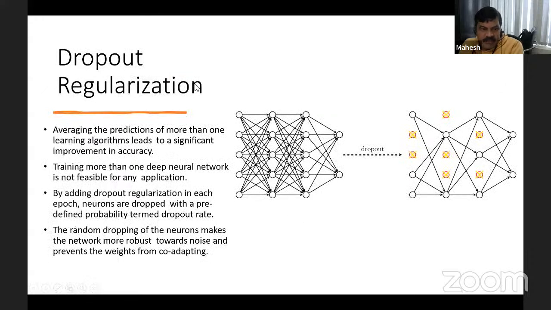And another technique is dropout regularization. Dropout means in every training phase, we are going to drop some neurons, or some layers also we can drop. We have to do this because we want to introduce some randomness, some probability. If we have very high quality images and we train the model, and while testing we don't have such high quality images, then the model will get confused. The model will not classify that image.